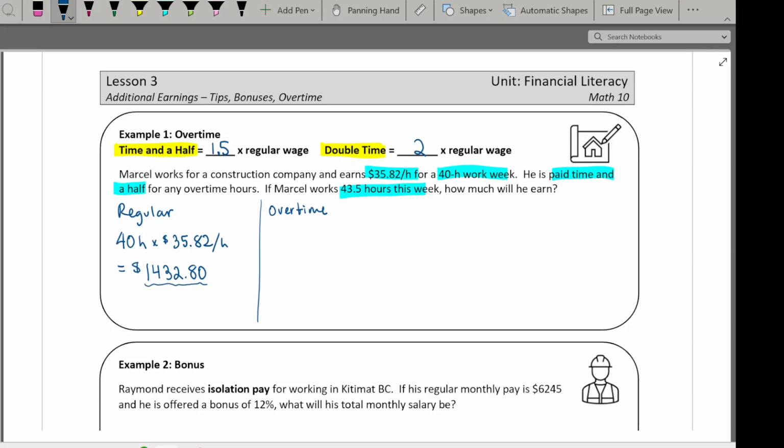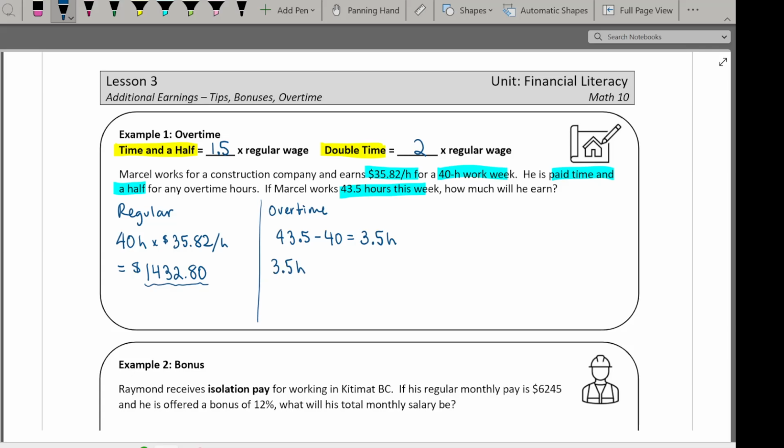So I'm just going to underline that. Now his overtime, if you subtract off those hours that he worked for his regular, he worked for three and a half extra hours this week. So we're going to do the calculation like this.